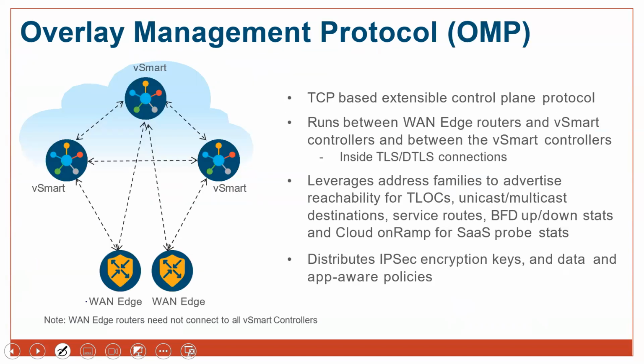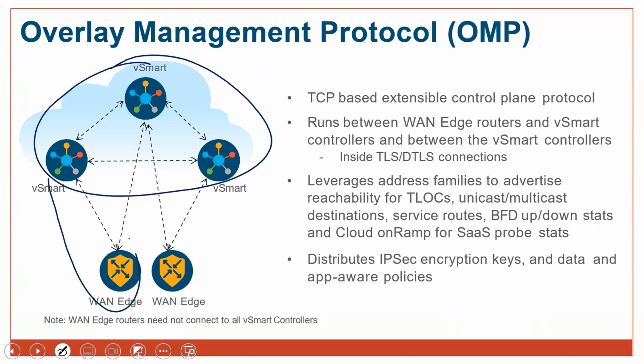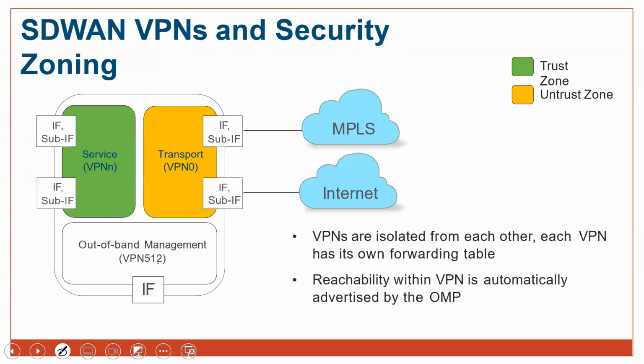Great. What is OMP? Here in the diagram, you can see clearly that OMP is forming within the vSmart and in between vSmart and vEdge. OMP is not forming from vEdge to vEdge. So that's the important information we have.